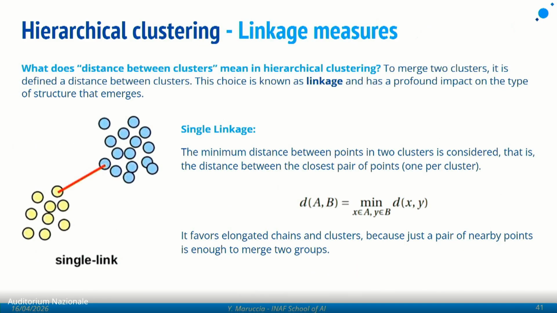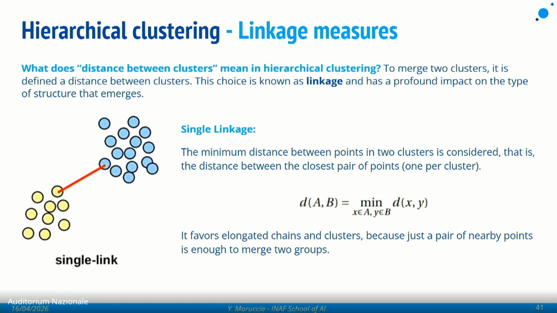And what are these linkage measures? Well, we have to measure the distance between the clusters. But how can we do it in hierarchical clustering? We have to choose these metrics, and there are different linkage measures.